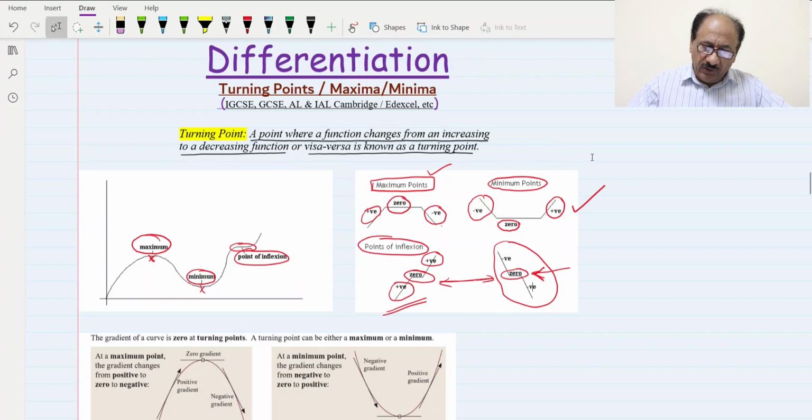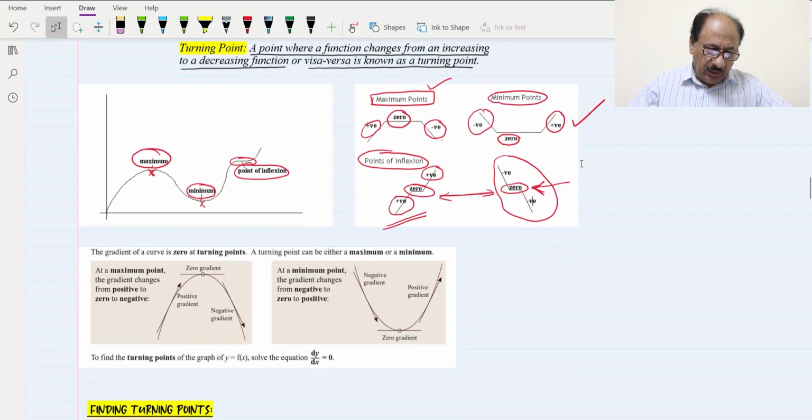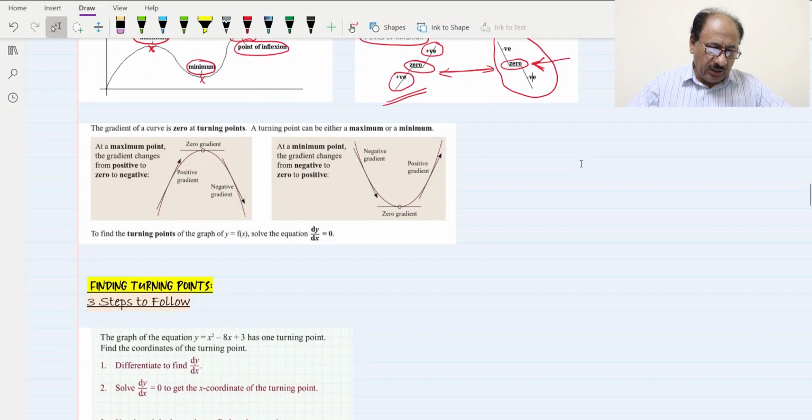Further, we will understand from these two diagrams which I have inserted here for you. The gradient of a curve is 0 at a turning point. This is the point which you will have to keep in mind. And a turning point can be either a maximum or minimum.